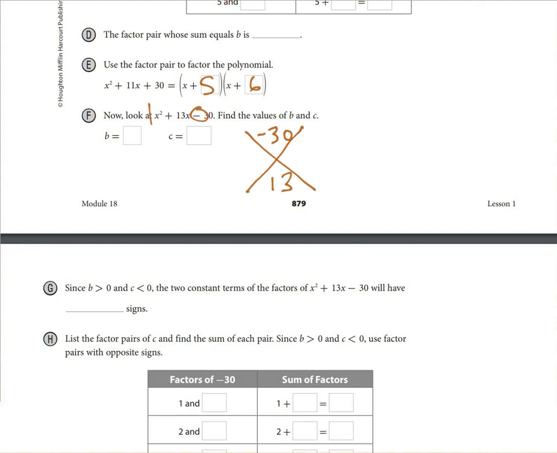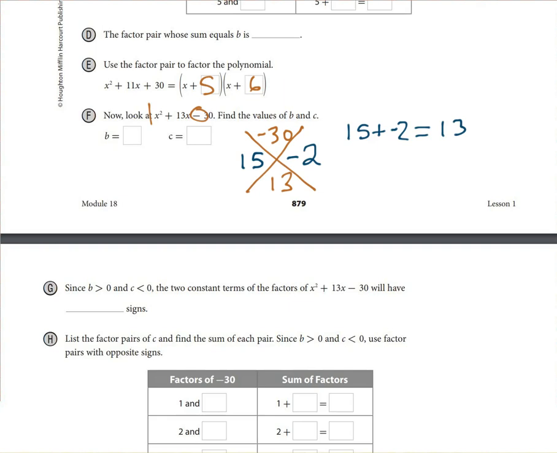So those two numbers would be a positive 15 and a negative 2. You multiply those two, you do get negative 30. You add those two, 15 plus a negative 2, which is the same as 15 minus 2, that is equal to 13. As they continue here, they go through the same kind of steps.